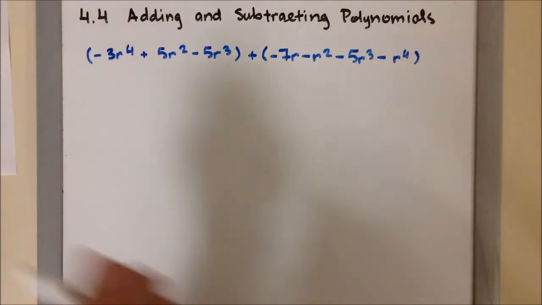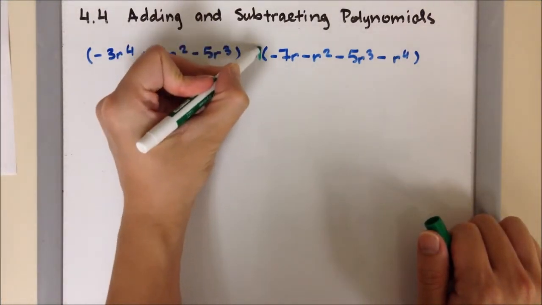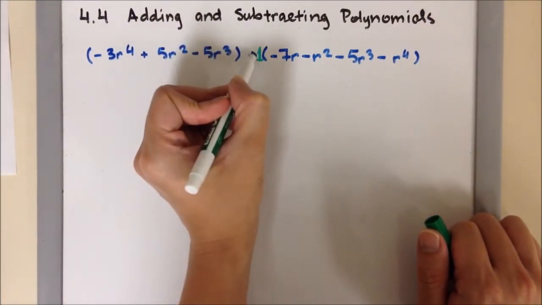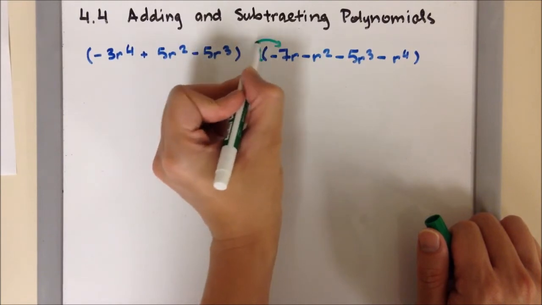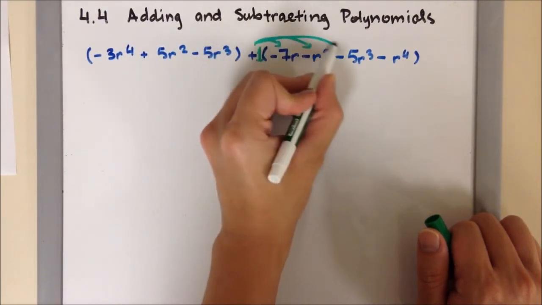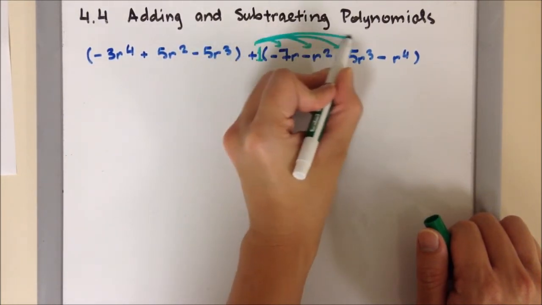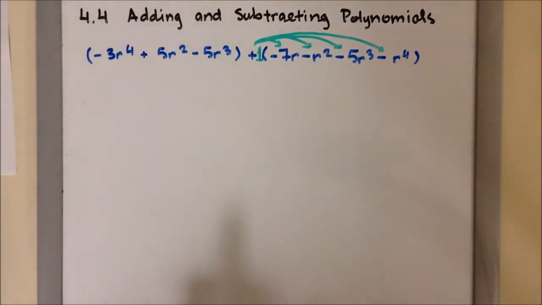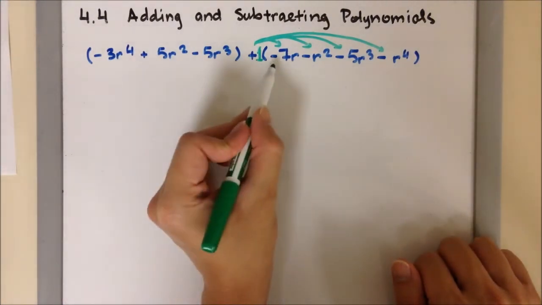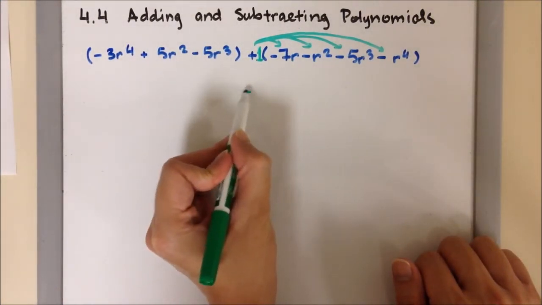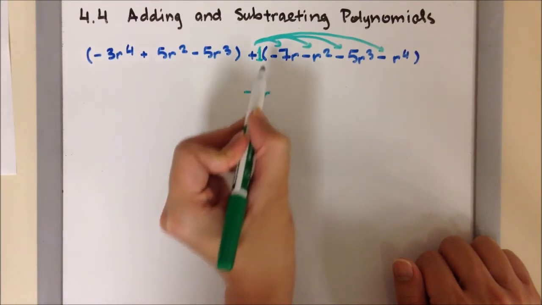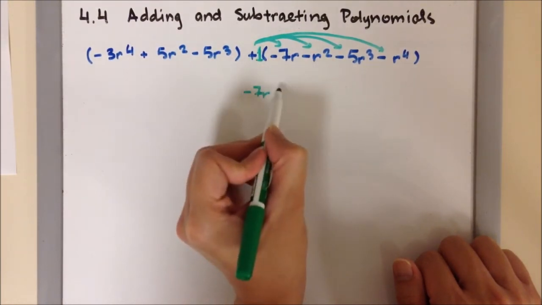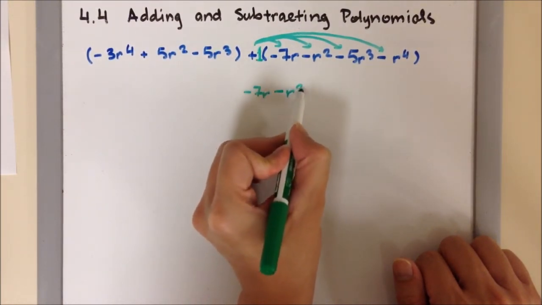So same process as before. Plus 1, or plus invisible 1, I'm going to distribute, multiply to all my terms. I want to get good practice, especially when we're going to be working with subtraction, and later on, distributing with polynomials. So positive 1 times negative 7r will be negative 7r. Positive 1 times negative r squared would be negative r squared.